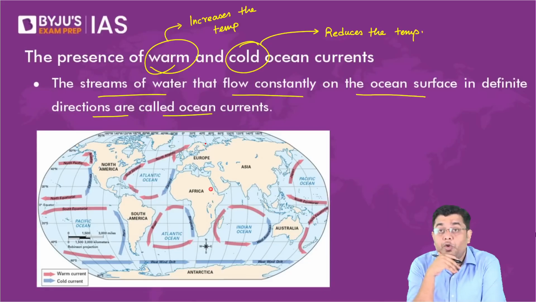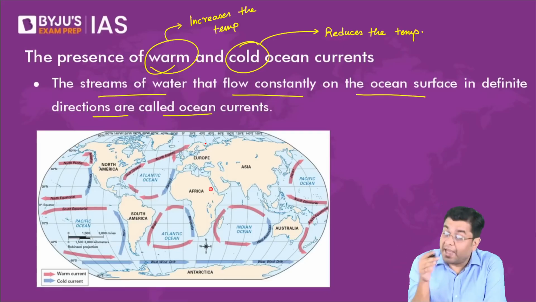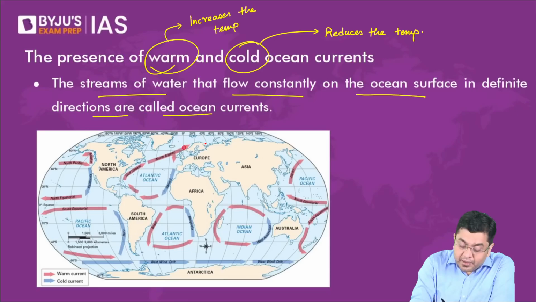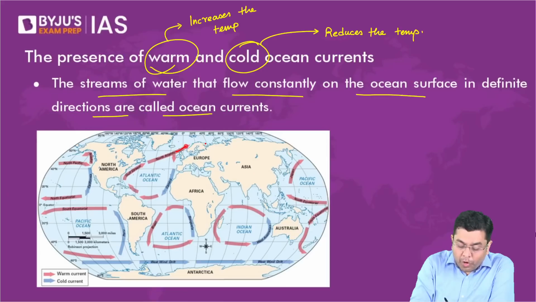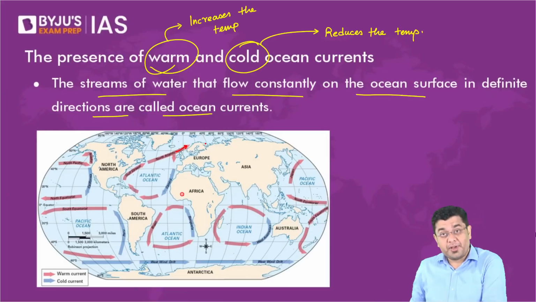the temperature would be very low. In general, the water in many of these areas gets frozen. But here at these latitudes, the water remains ice free through the year. Why? That is because you have the warm ocean currents in the form of the North Atlantic drift.